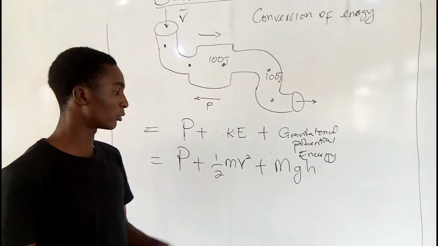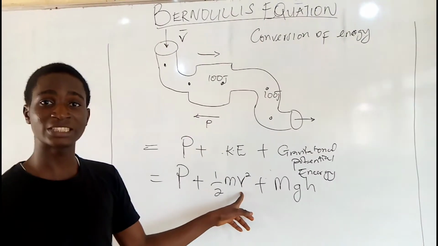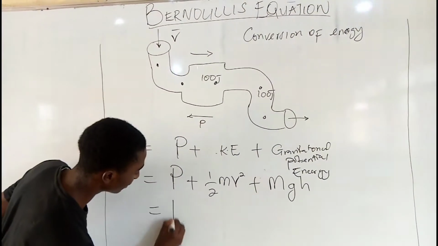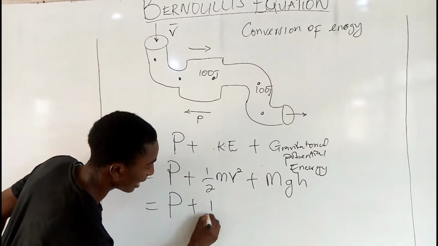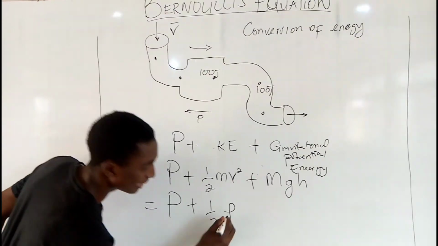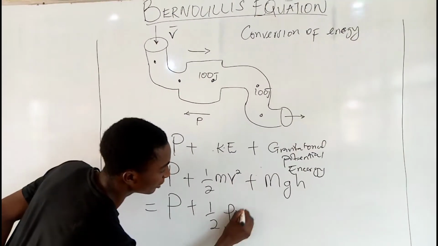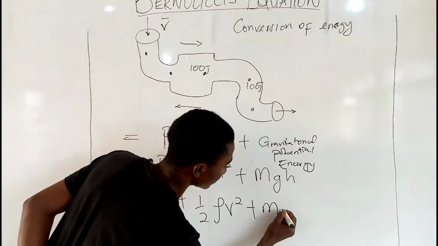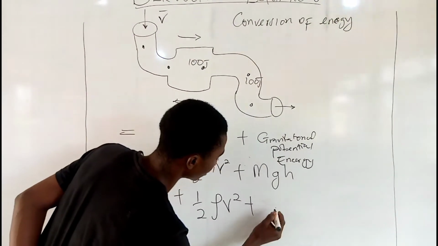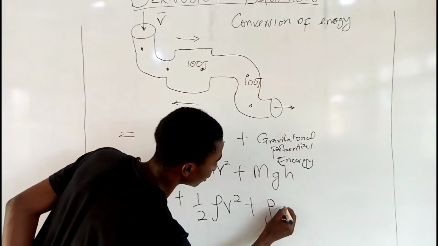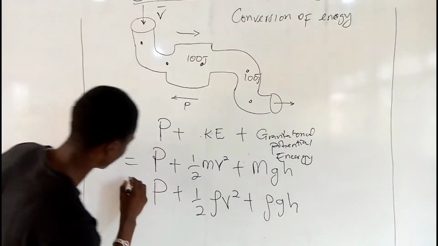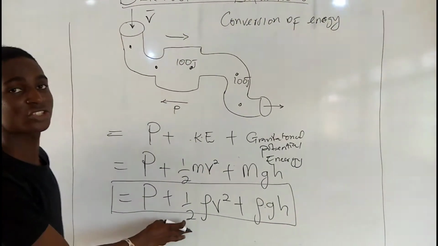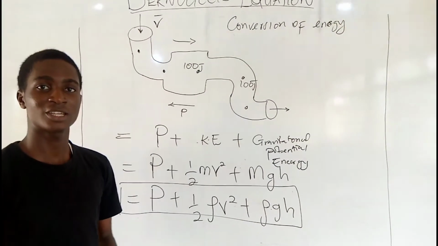That is, I change my mass here to density, then I'm having pressure plus half density, which is rho v squared, plus, we are not using mass, we are using density, rho g h. Now, this is Bernoulli's equation.